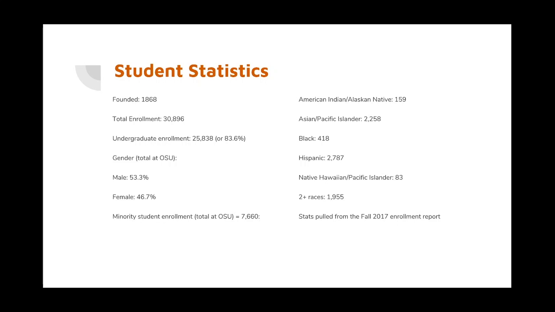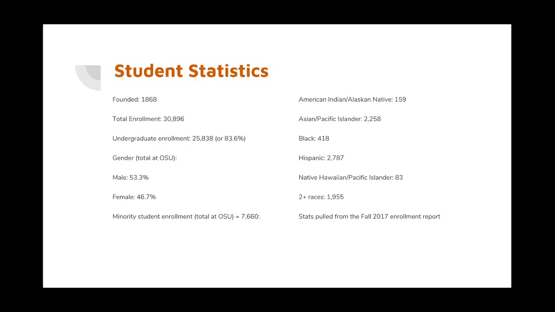As you can see, among the many different self-identified races, the least amount of students attending from a certain minority group are Native Hawaiian and Pacific Islanders. I think it's important to note that because a lot of times some of these groups can feel really underrepresented on campus.